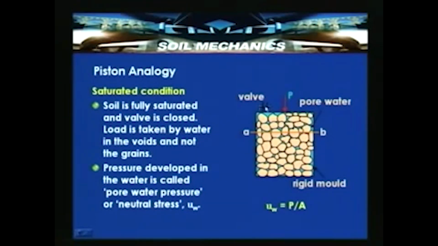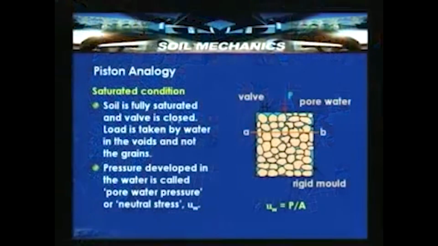The diameter of the valve indicates the permeability, or the capacity to drain the water from the soil mass. So, the soil is fully saturated and the valve is closed, and load is applied through a piston. In that case, load is taken by the water in the voids, not the grains.